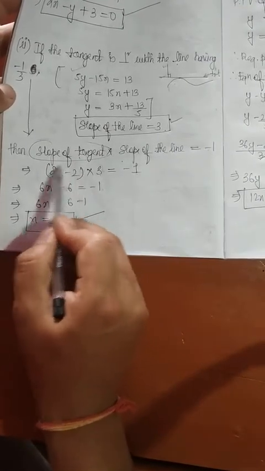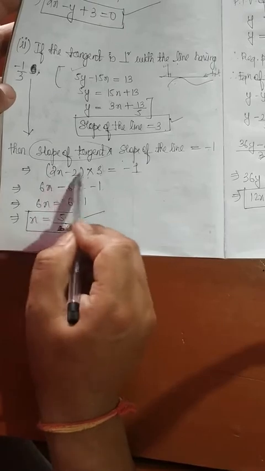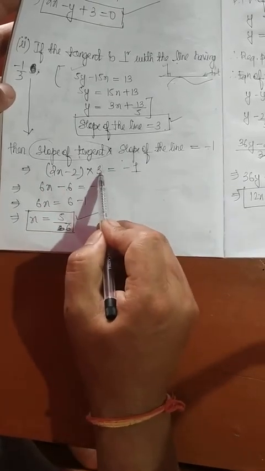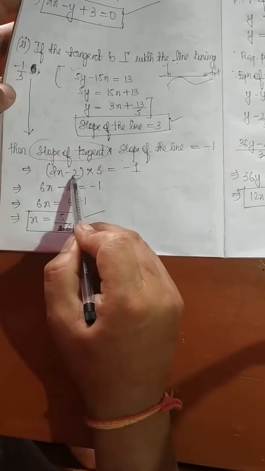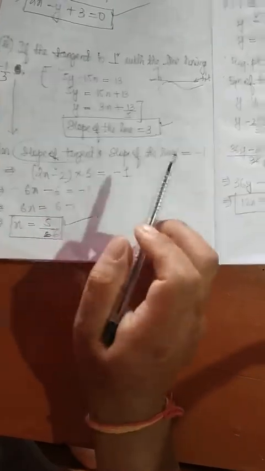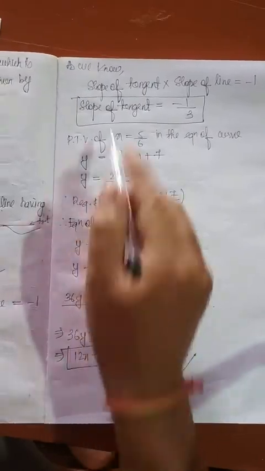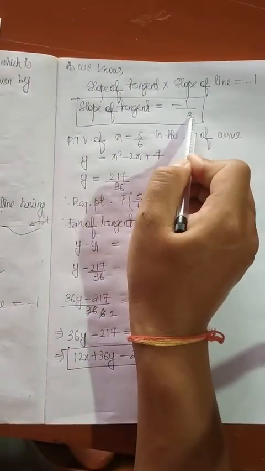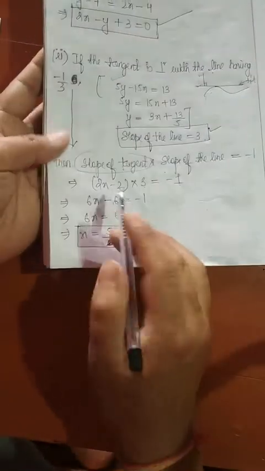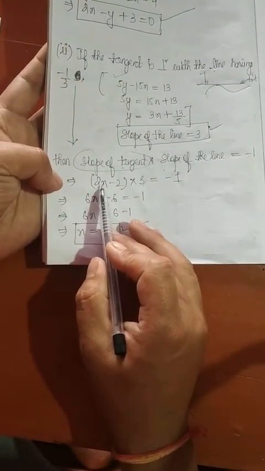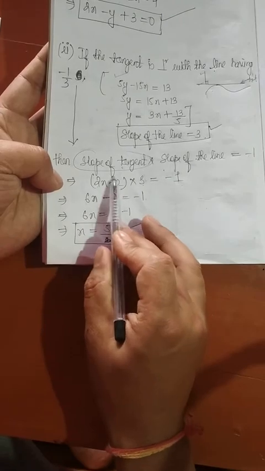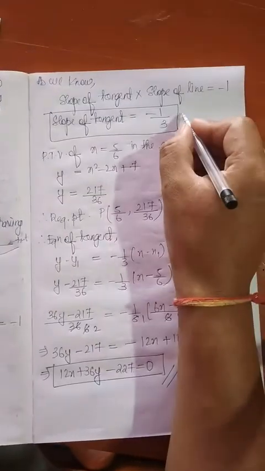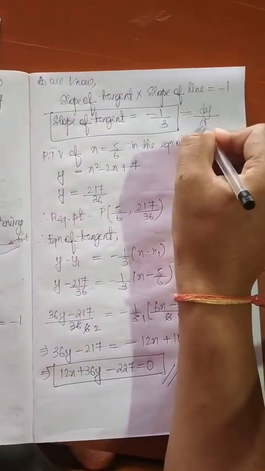If I take this 3 to the right hand side, 2x minus 2 will be minus 1 by 3, which also gives me the slope of the tangent. Please remember the value of the slope of the tangent, which is minus 1 by 3, because the slope of the tangent is dy by dx, which is 2x minus 2, and that equals minus 1 by 3.